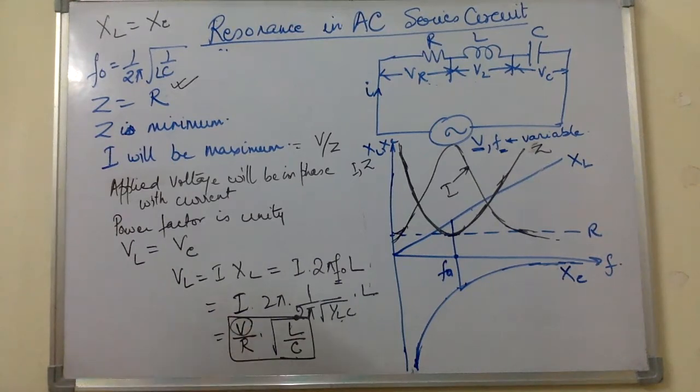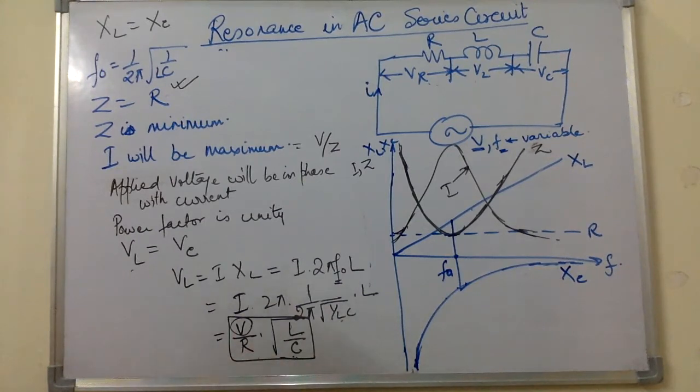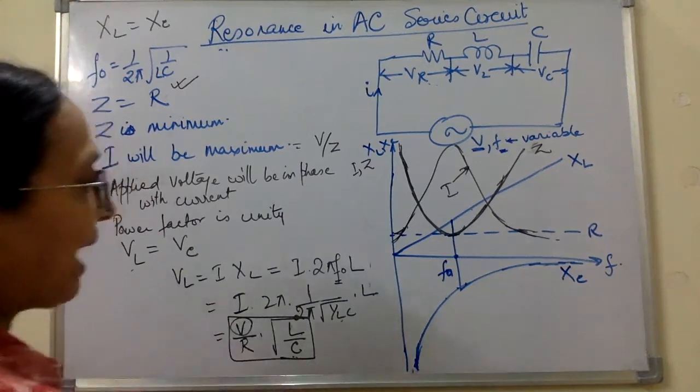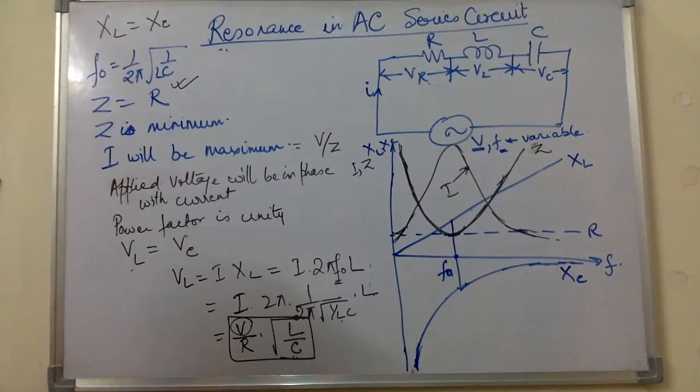The supply voltage is only V. Therefore, the voltage across the inductor is much more than the supply voltage, and that is termed the quality factor. The voltage magnification is termed the quality factor of the given circuit.